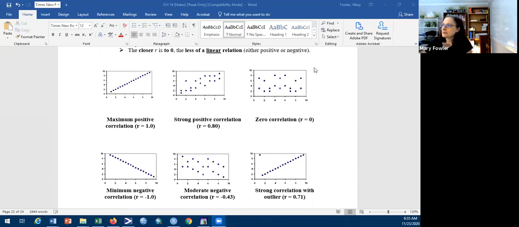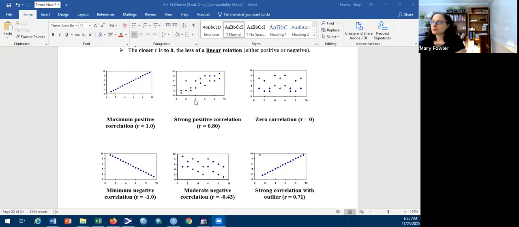And then here in the middle, we have a cloud-like situation where the correlation is 0. That is to mean that there is no linear correlation between X and Y in this picture, where R equals 0. So we have two intermediate situations worth looking at here.